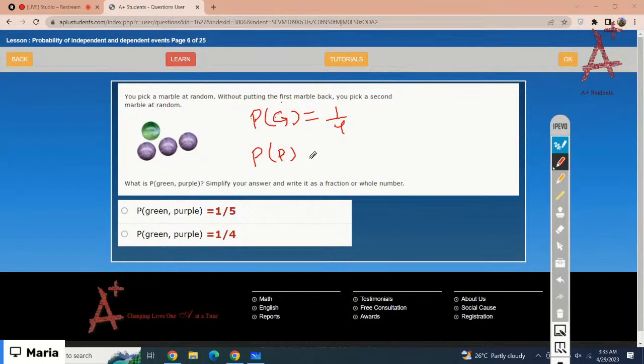And the probability of purple is, you already selected one marble, now you have just 3, so it would be 3 over 3. So the probability of getting green and purple is 1 by 4 times 3 by 3, which is 1. That would be 1 over 4. Got it? So the correct option is 1 over 4.